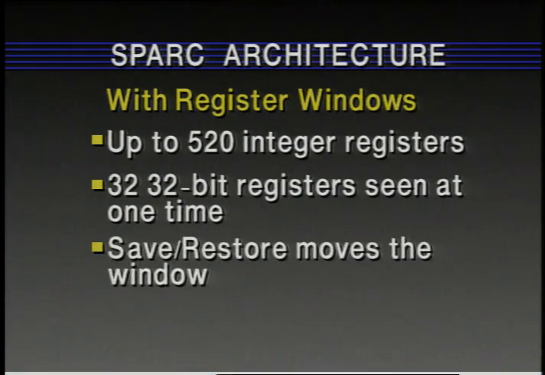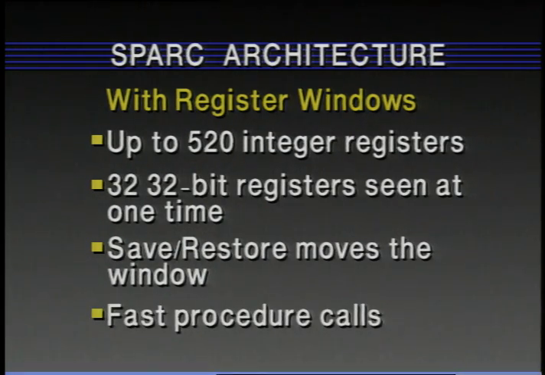You can move around in what we call a window of this larger register set using save and restore instructions to change which of those registers are visible. One of the benefits we've seen from register windows is being able to make procedure calls very fast. If you want some more background on the SPARC architecture itself, there's an excellent videotape called The Design and Development of SPARC in this series by Wayne Rosing and Dave Patterson.